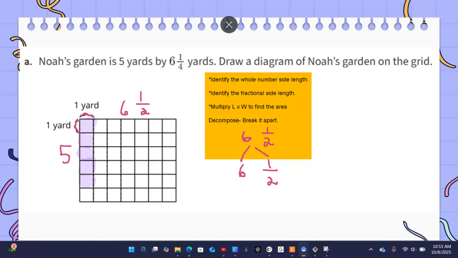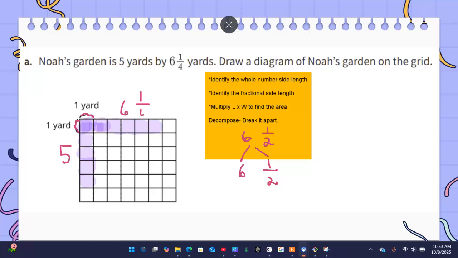Now let's do our other side. This says 6 1/2. This still counts as 1, 2, 3, 4, 5, 6. Now it says it should be 1/4, not 1/2. Let me erase that.